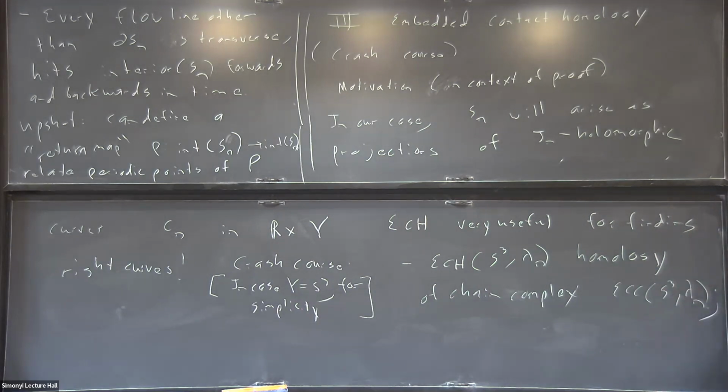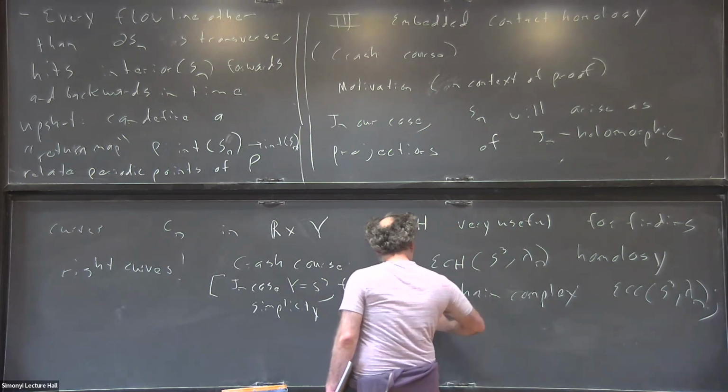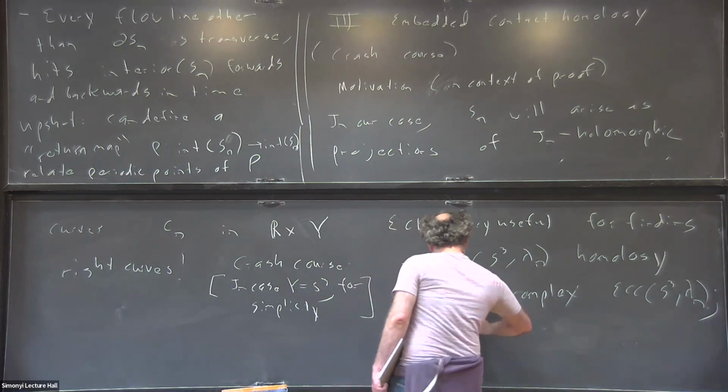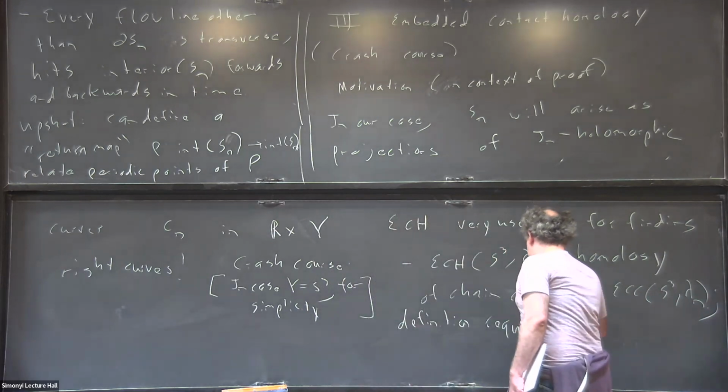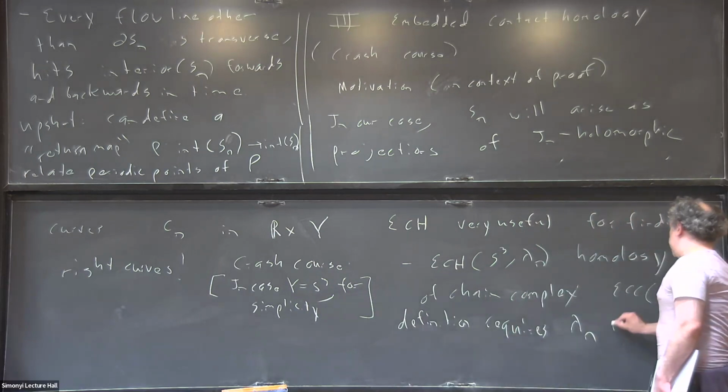The first point I want to make is that in order to use ECH, we require the lambda n's to be non-degenerate. So the definition requires lambda n non-degenerate.